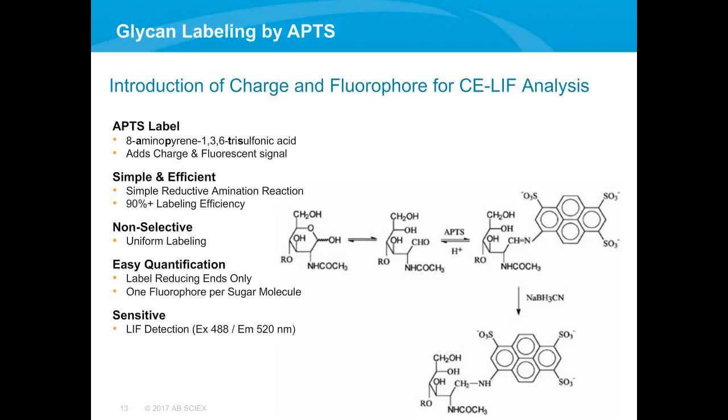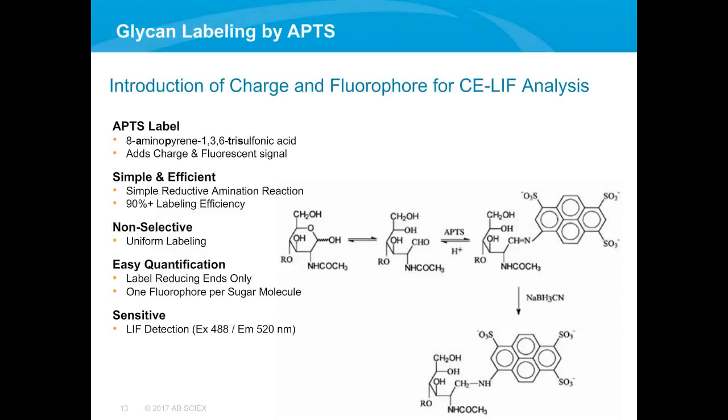So in this case, we use 8-aminopyrene-1,3,6-trisulfonic acid to do the labeling. That also provides us a very heavy charge, with 3 sulfonate groups on the molecule. And as one can see, it's a very simple Schiff base formation, but it will be reduced after the Schiff base formation with sodium cyanoborohydride or any other hydrogenation reagent to a stable conjugate, which can be analyzed later by capillary electrophoresis.